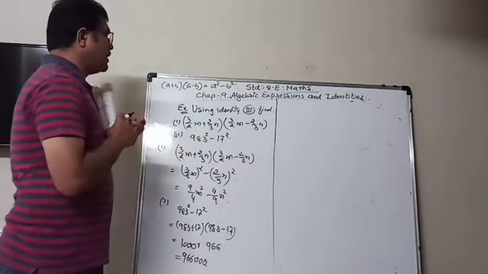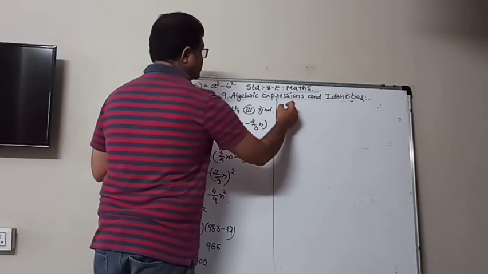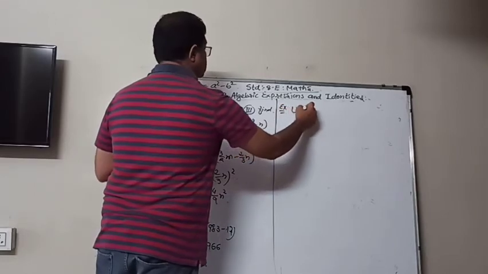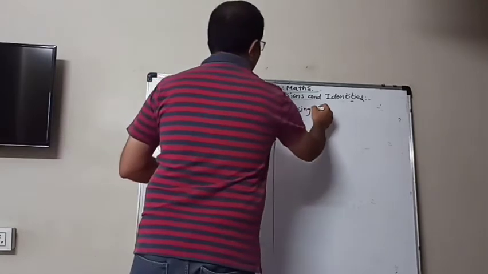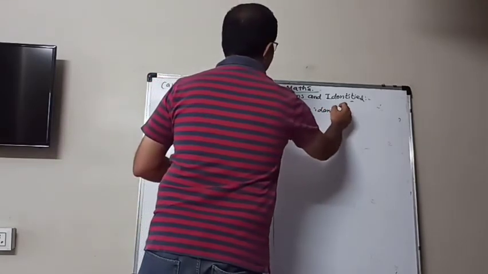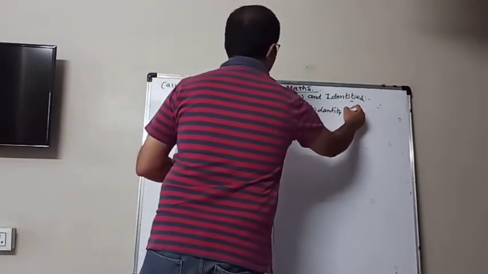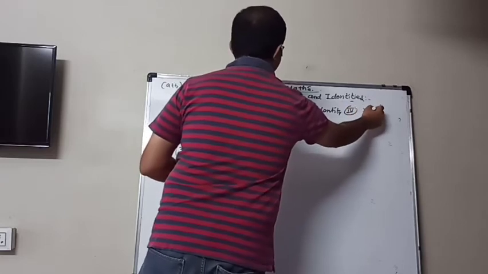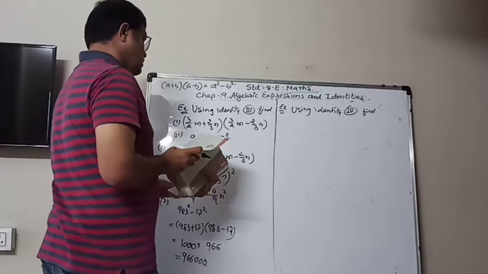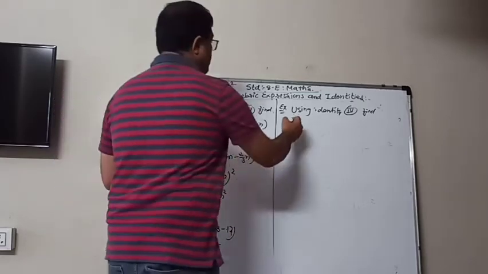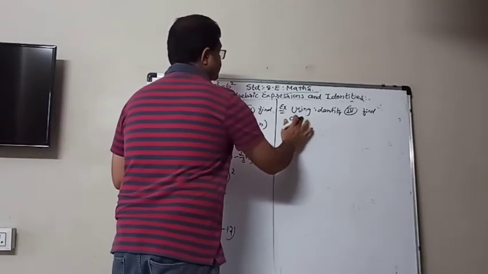Now the example using identity 4. Find 95 multiplied by 103.